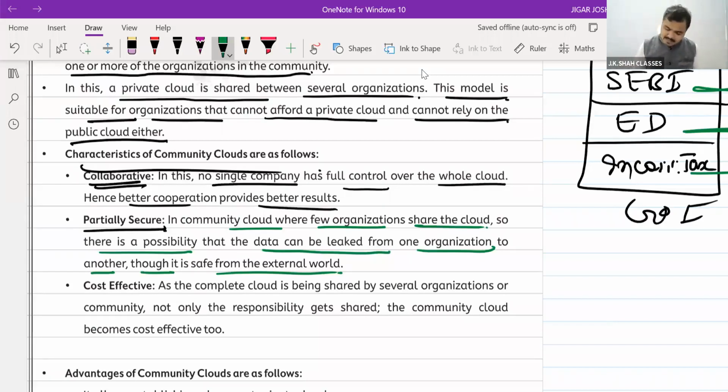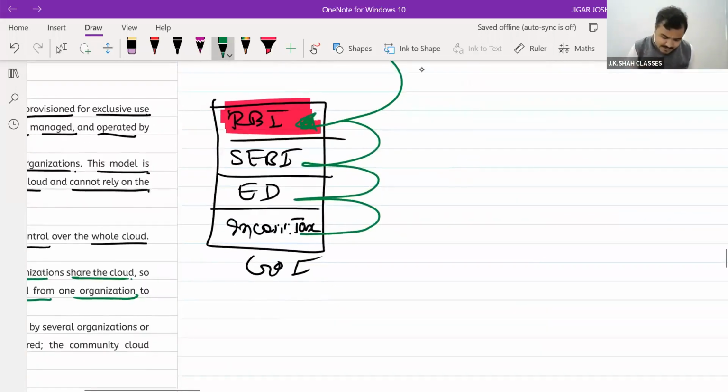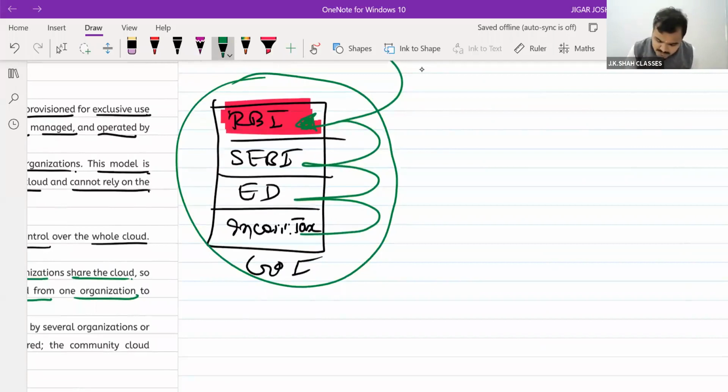Okay, sir. Last but not the least, the advantage I am telling you is cost effectiveness. Suppose the entire construction and maintenance of this cloud costs 1 crore rupees. If they have private clouds, then everyone has to bear that 1 crore rupees cost individually. Yes or no? Yes.